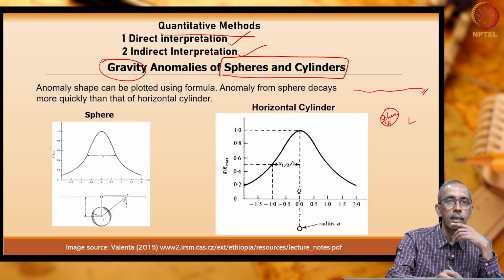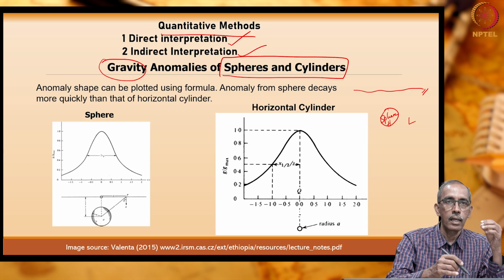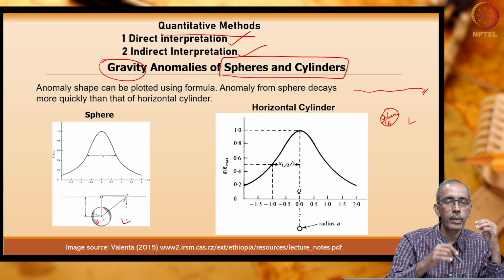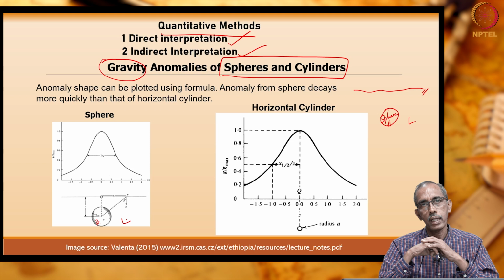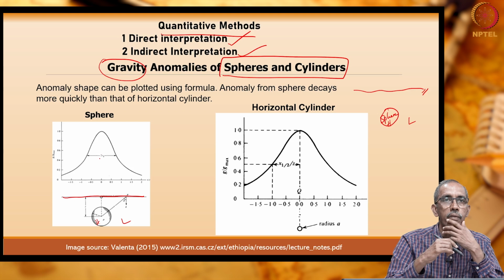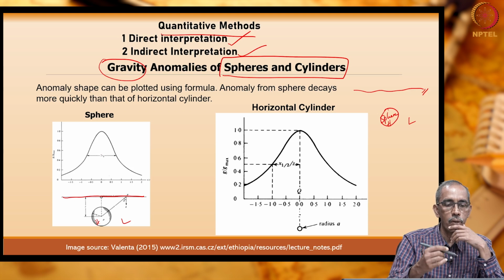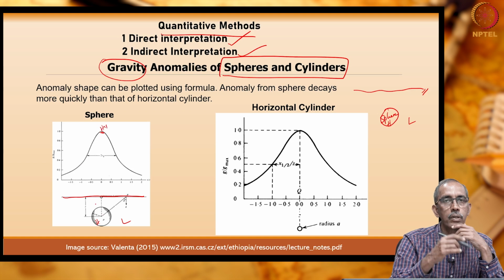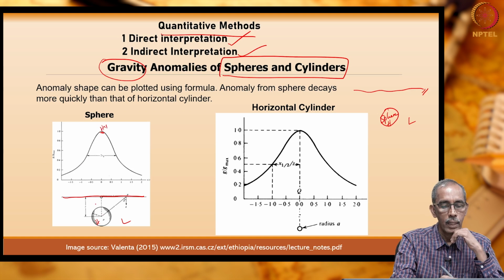You have a spherical ore body which has high density compared to formations which have lower density around it. Over there, if you carry out a gravity survey, imagine we are doing profiling from here to here, and here is the plot of the variation in the gravity value. Obviously, gravity value will be high just above the spherical ore body because it has higher density compared to the surroundings.